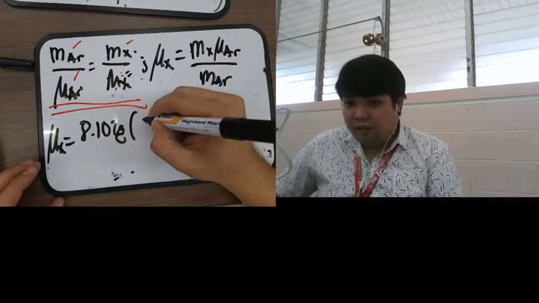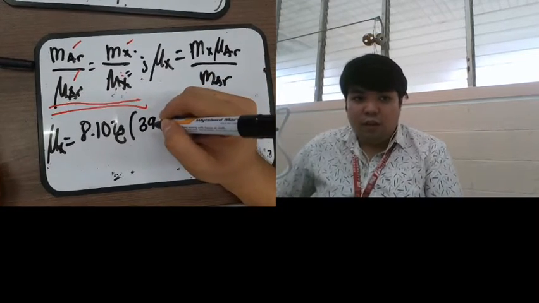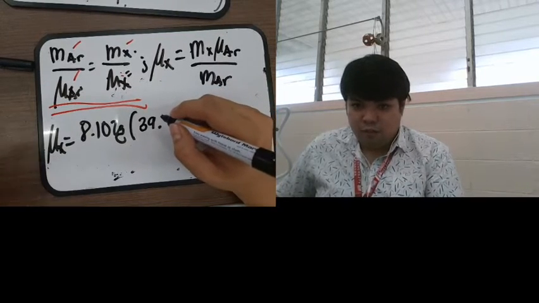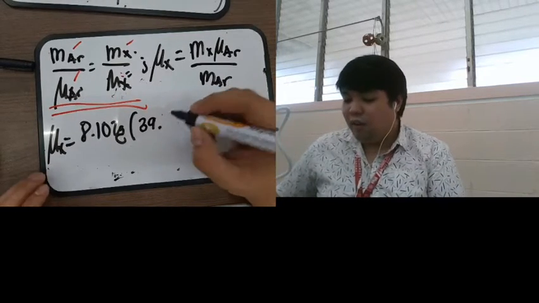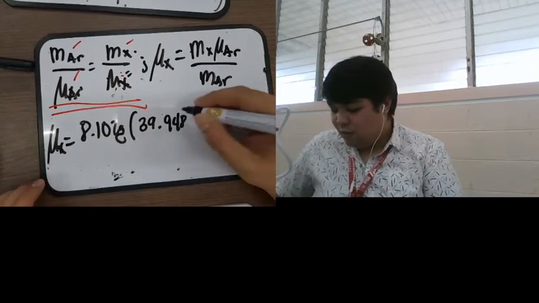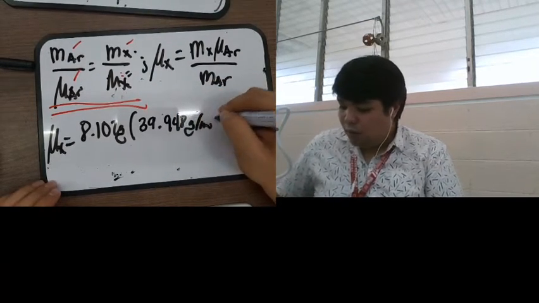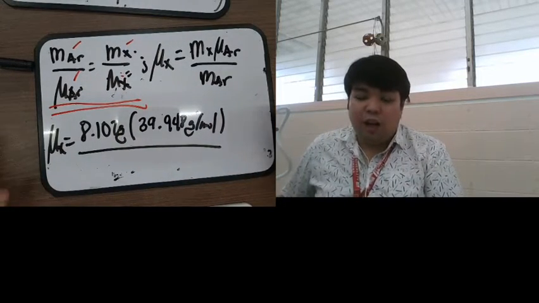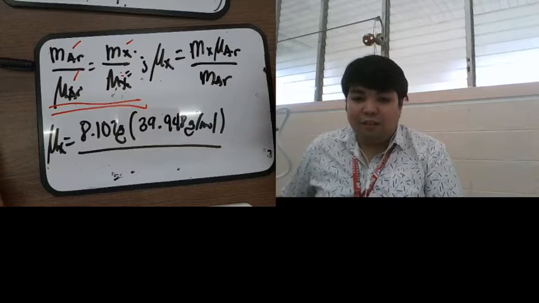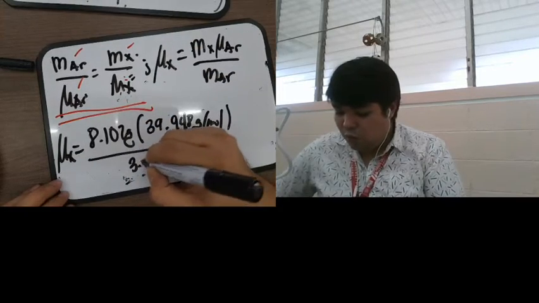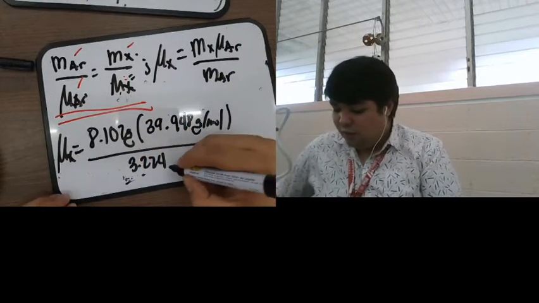Okay, so finally, I got the molar mass of argon. It's 39.948 grams per mole, divided by the mass of the argon in the given, which is 3.224 grams.